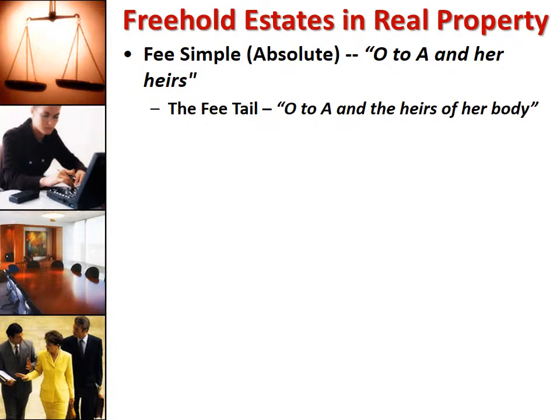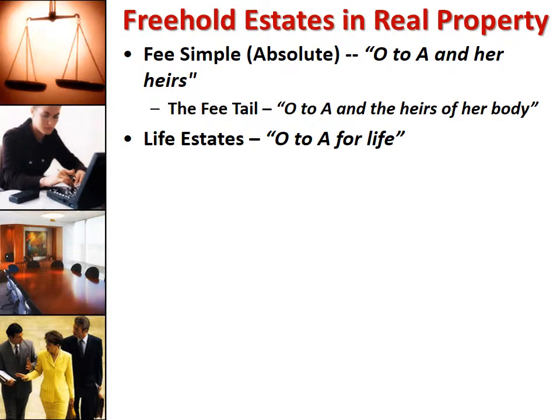So if you look at the property transfer synopsis that I put on Blackboard, you will notice a red line through the parts that offend us, the actual fee tail, of her body. So O to A and the heirs of her body now would read O to A and the heirs, meaning a fee simple absolute.